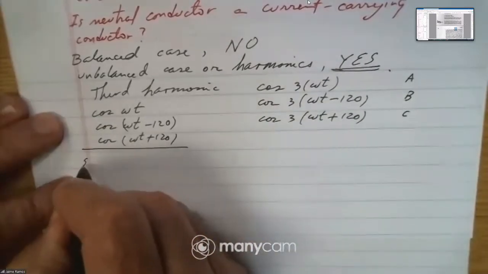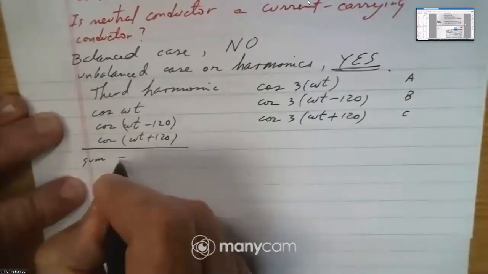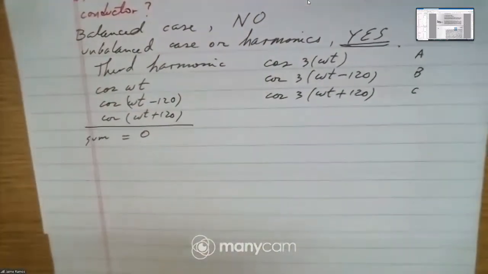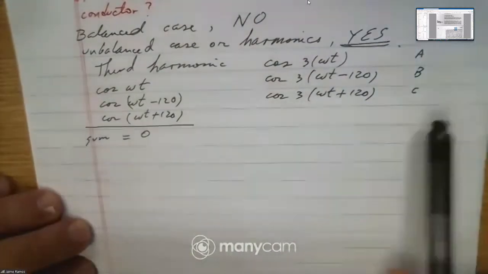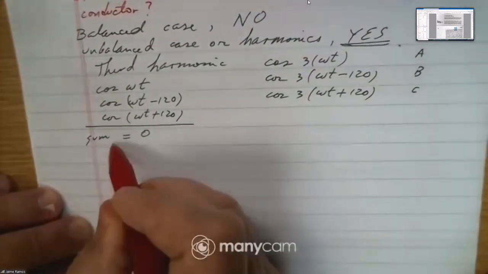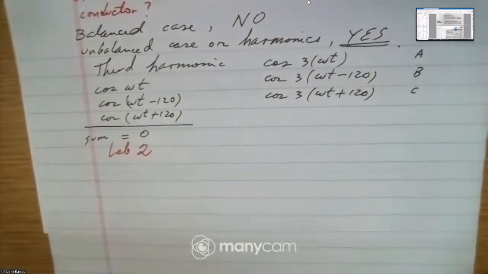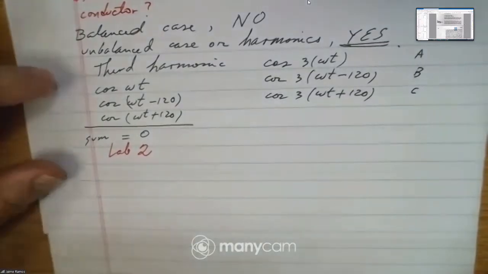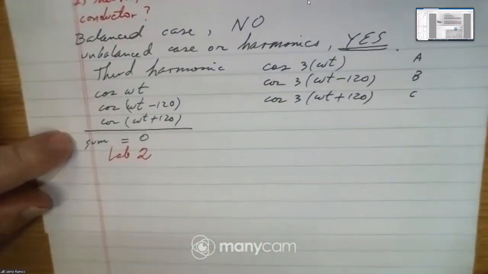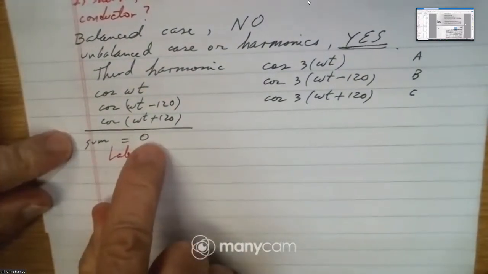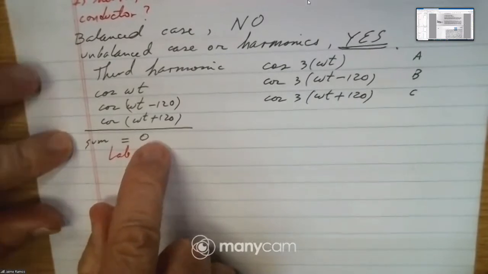The sum equals 0. We remember lab number 2, where we checked that. This is the normal condition. The neutral is carrying a current equal to 0.